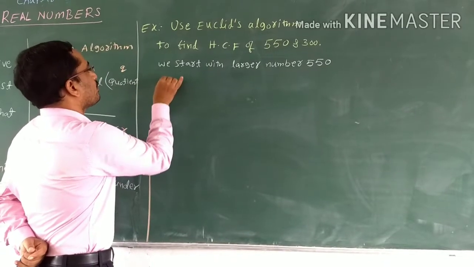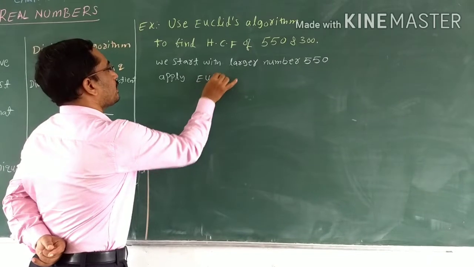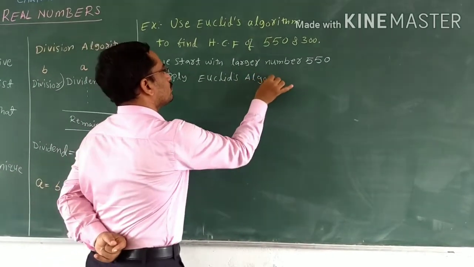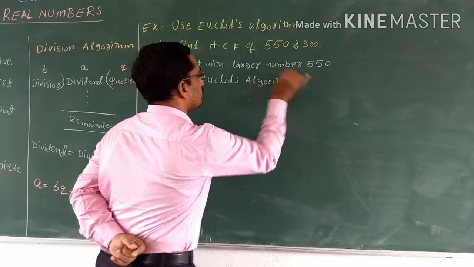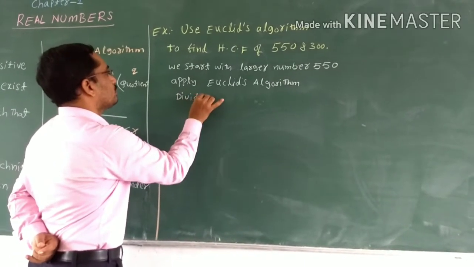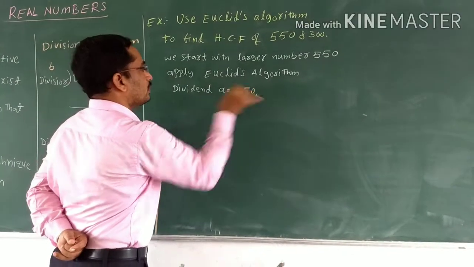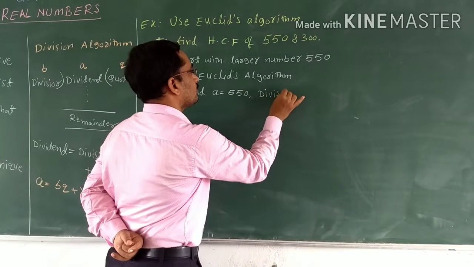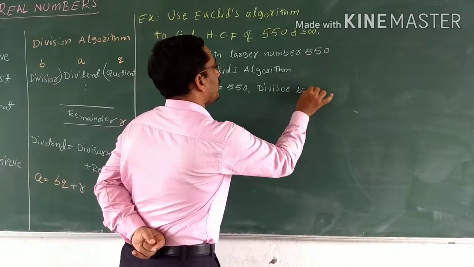Now apply Euclid's algorithm by taking dividend A equal to 550 and divisor B equal to 300.